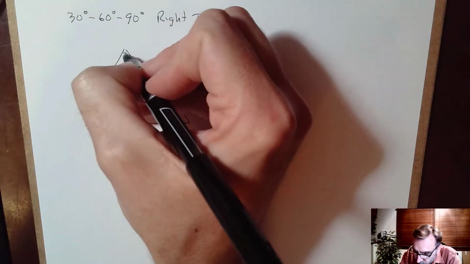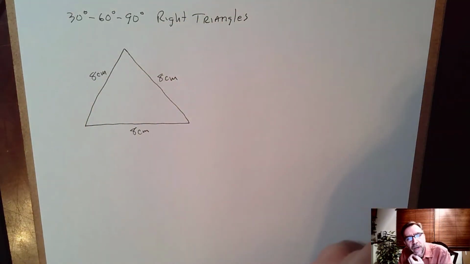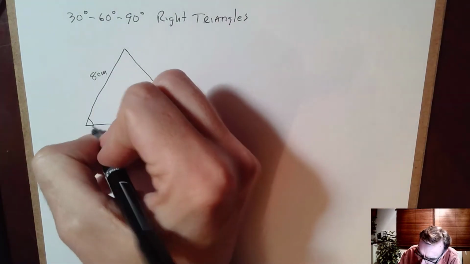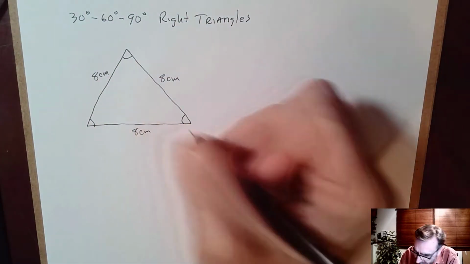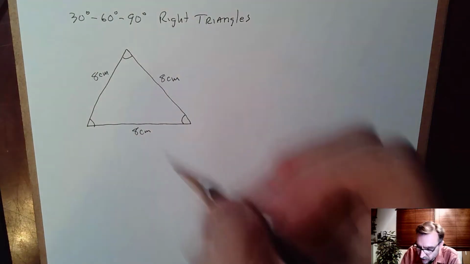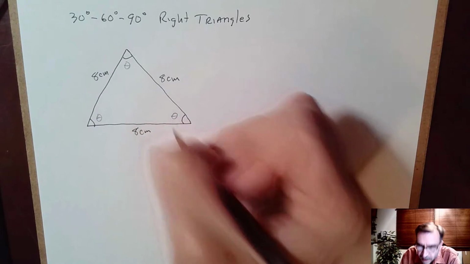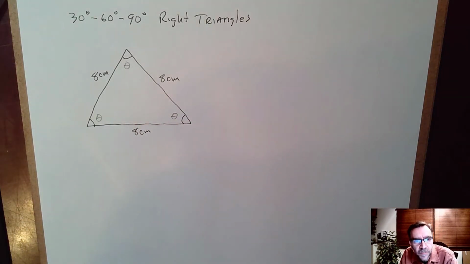Now this is a little different from a square. We knew all the angles were 90, but in this case, we need to figure out what the angles of an equilateral triangle have to be. Well, definitely it's equilateral, so they're all going to measure the same, right? They're all going to have the same angle. And we know all the angles of a triangle add up to 180 degrees.